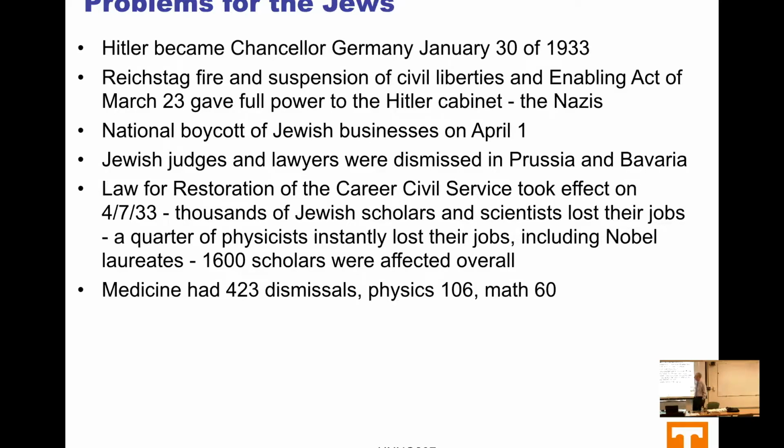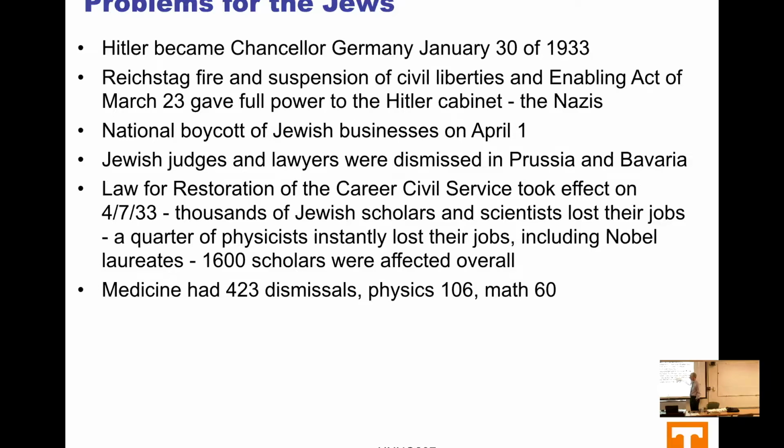And then he was able to go forward rapidly in suspension of civil liberties and passage of many laws of anti-Semitism in Germany. He called for a national boycott of Jewish businesses already on April 1st. In a couple of parts of Germany, right away, Jewish judges and lawyers were dismissed. This law was passed on April 7th.